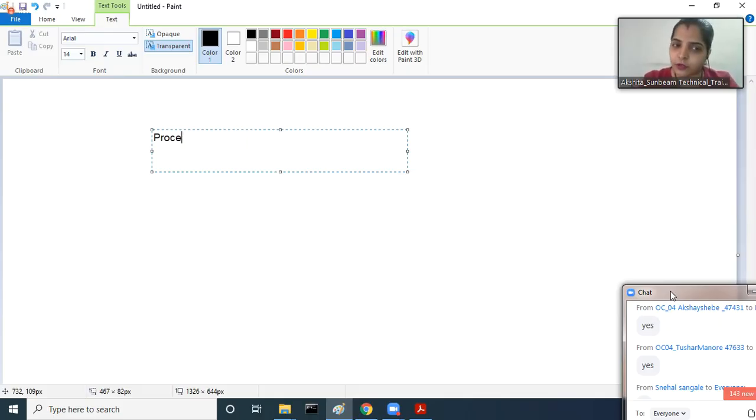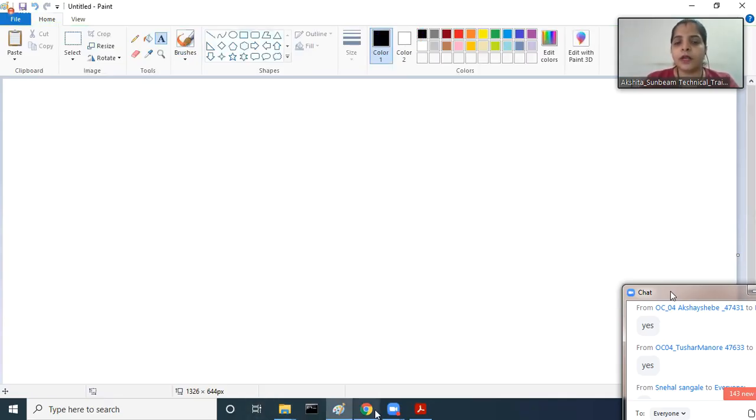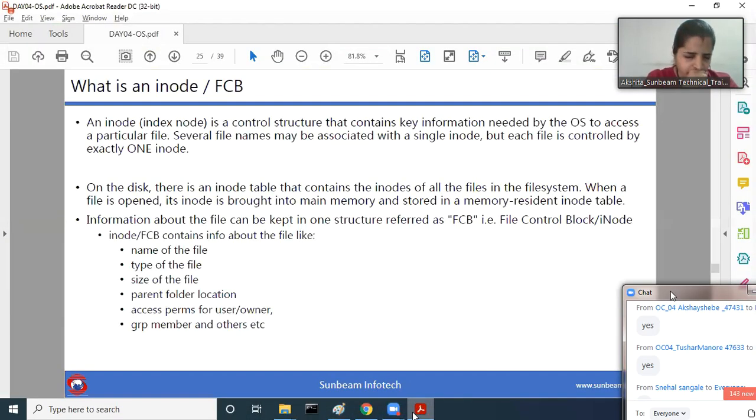When is it created? Whenever I create any process, at that moment the PCB of that process gets created. Similarly, when you talk about a file, there is something called the FCB, file control block, which is also called an inode, or index node.